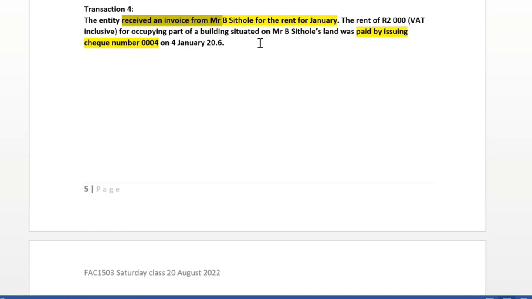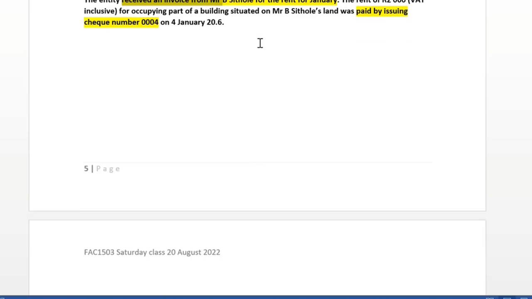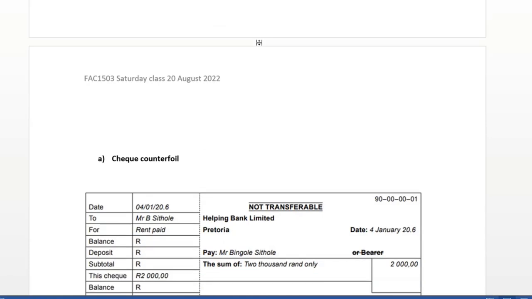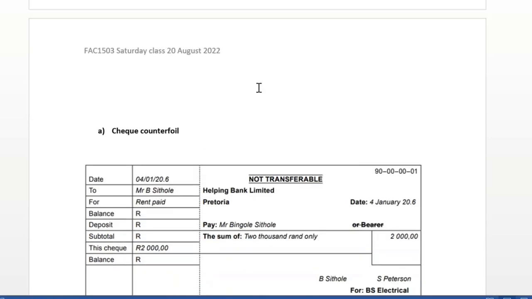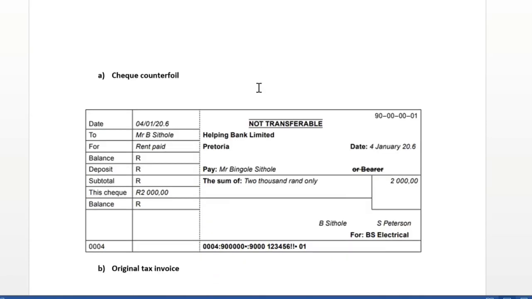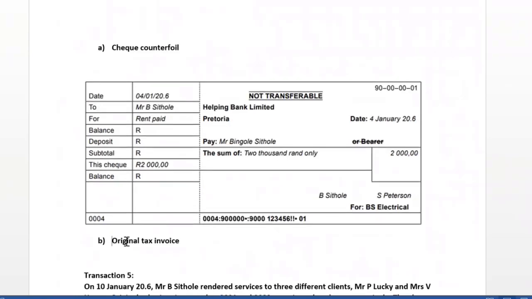And Tebogo is saying, I agree with Desiree. Guys, the answer is check counterfoil, because this was paid by check, and an original tax invoice, not a duplicate tax invoice. Faith is correct.